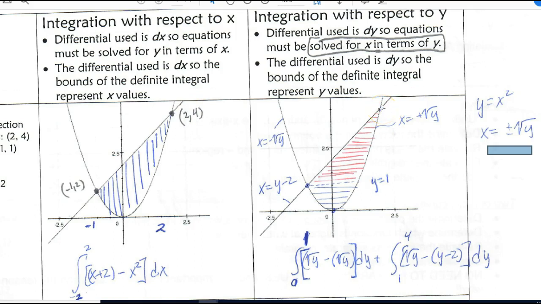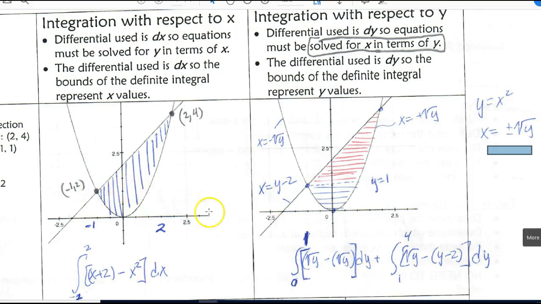Okay, so if I'm integrating with respect to y, I'm going to integrate from 0 to 4. So I'm integrating from bottom to top, whereas when I'm integrating with respect to x, I'm integrating from left to right.